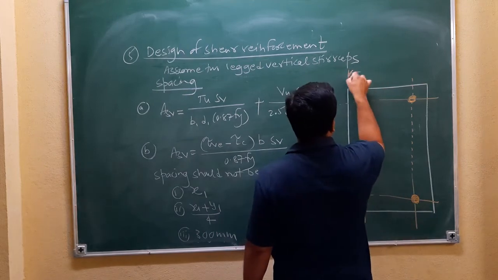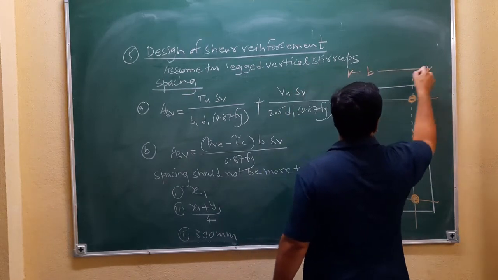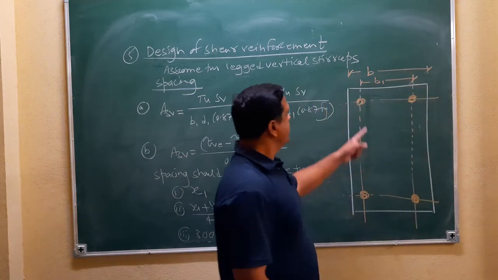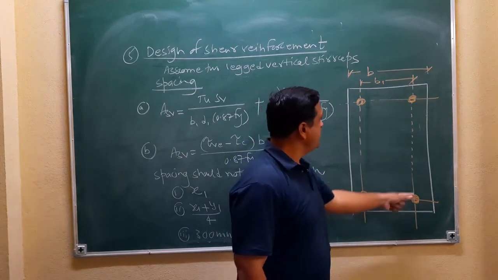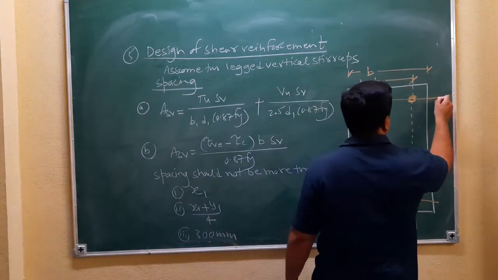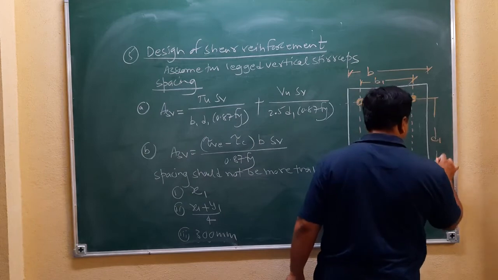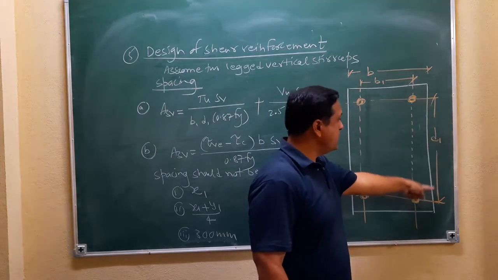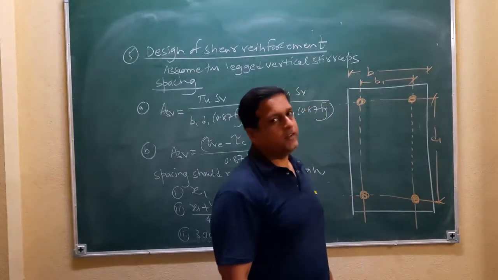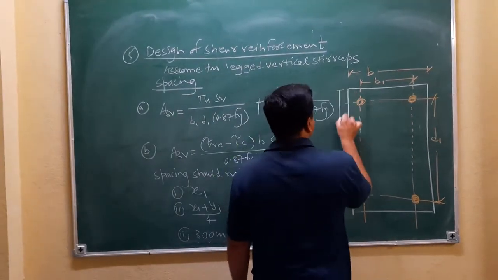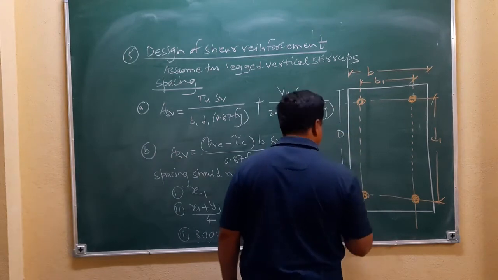This is the width of section. The center to center distance between these two reinforcements is nothing but the B1, and the center to center distance between these two reinforcements is the D1, and it is the overall depth of the section.